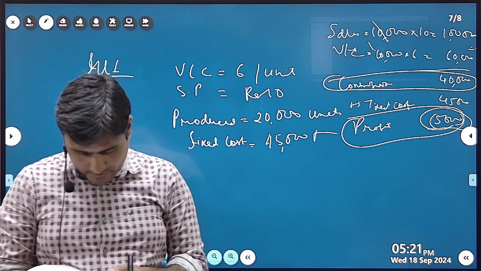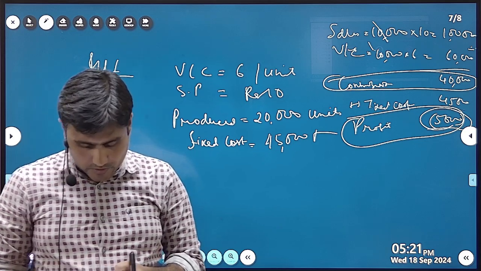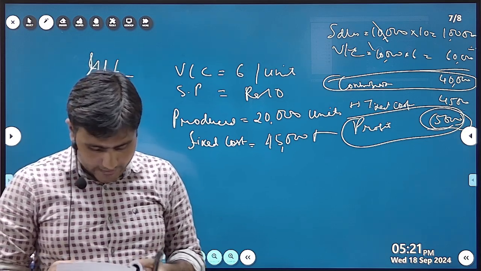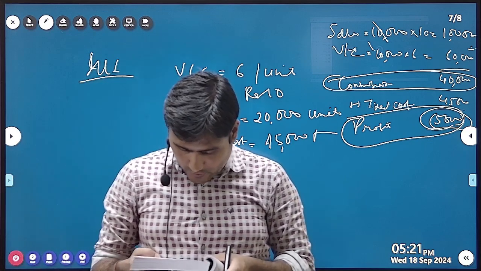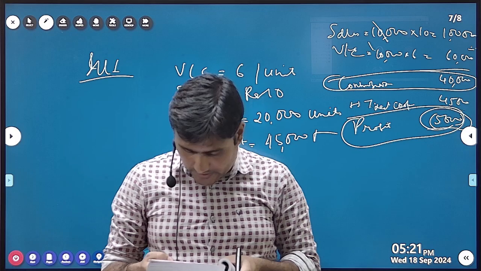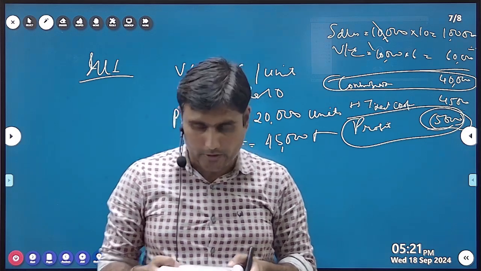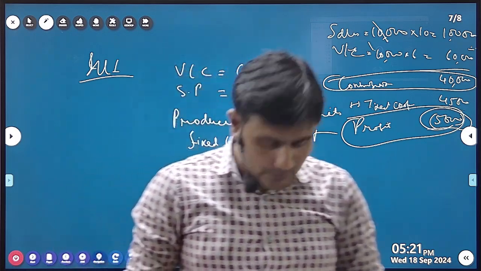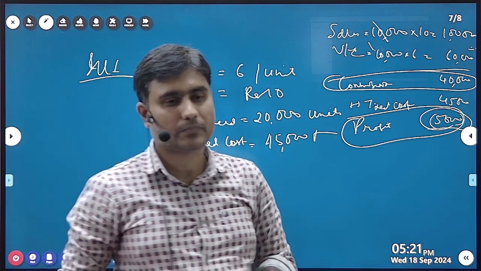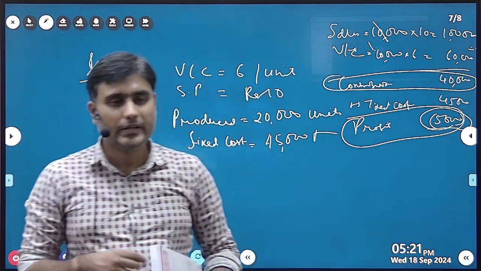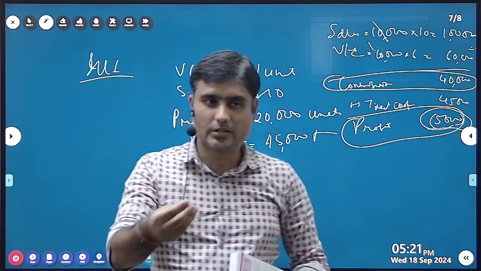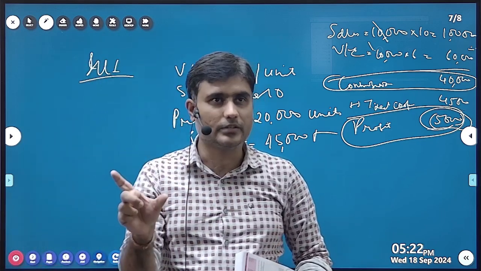We will move ahead. Marginal costing is also called direct costing. This technique of costing is also known as variable costing, differential costing, or out of pocket costing. Why out of pocket costing? Because it is the out of pocket expenditure to manufacture one additional unit.